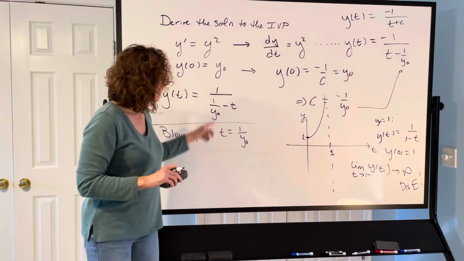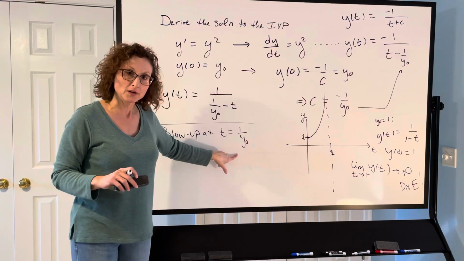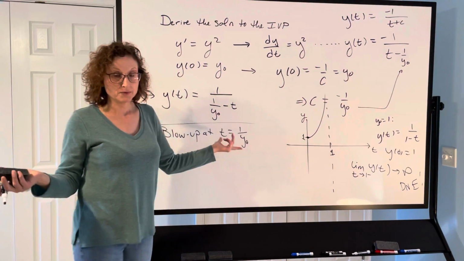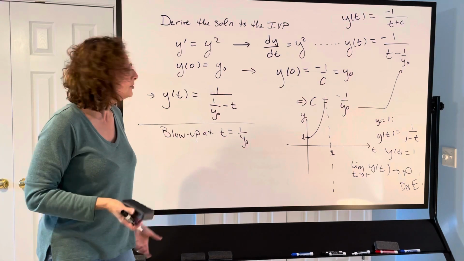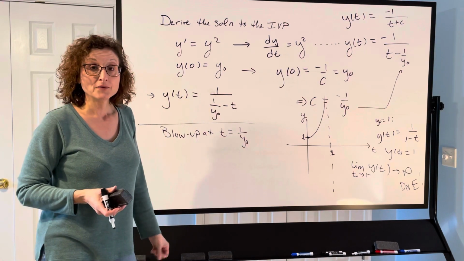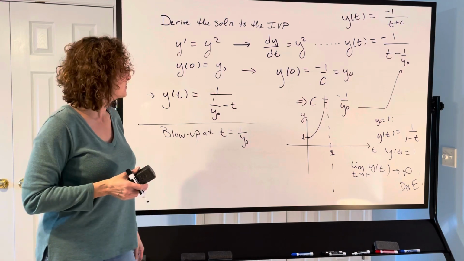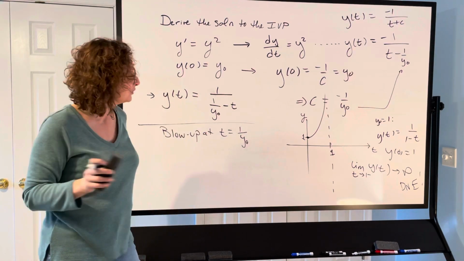If y naught is 1/100th, then blow up occurs when t equals 100 seconds. And if you need more than 100 seconds for your rocket to get past that stage, well, that's not good.